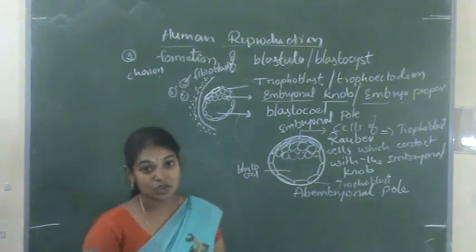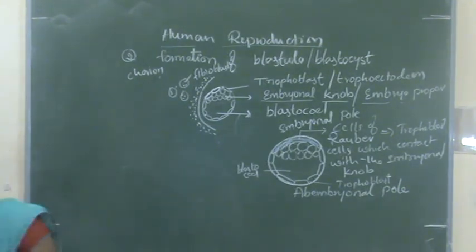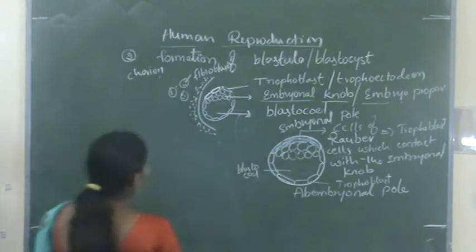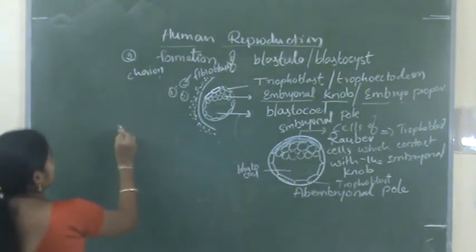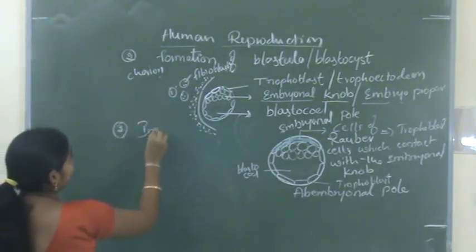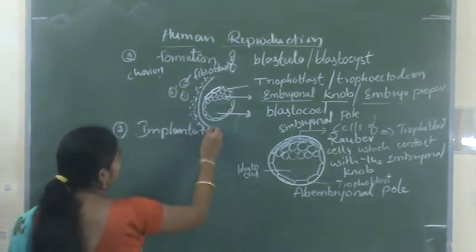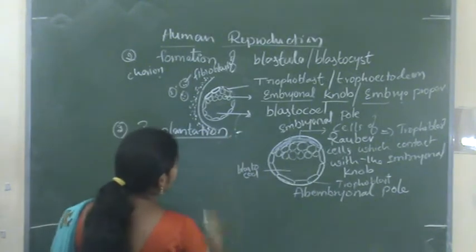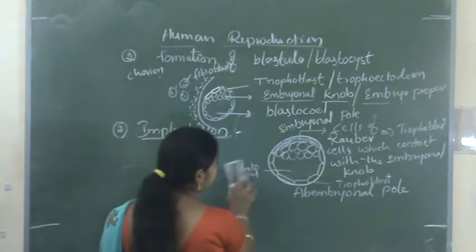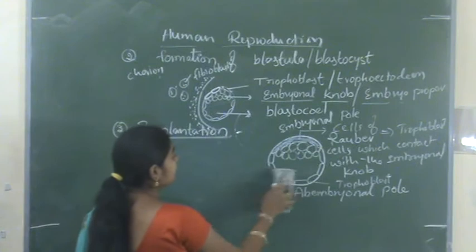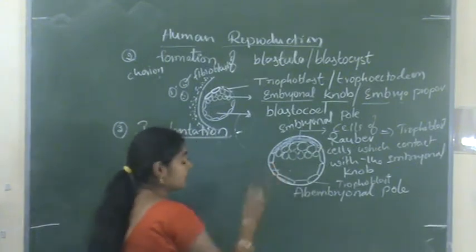And this is the structure of the blastocyst. The next process is implantation. What is implantation?